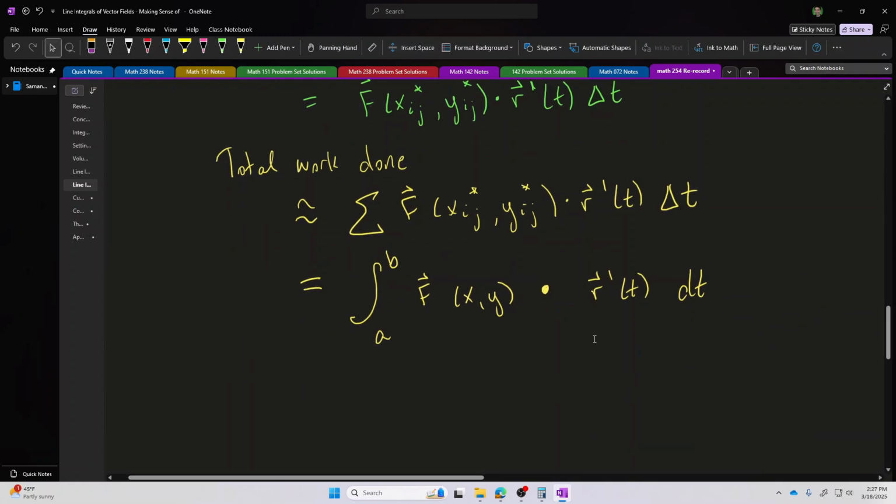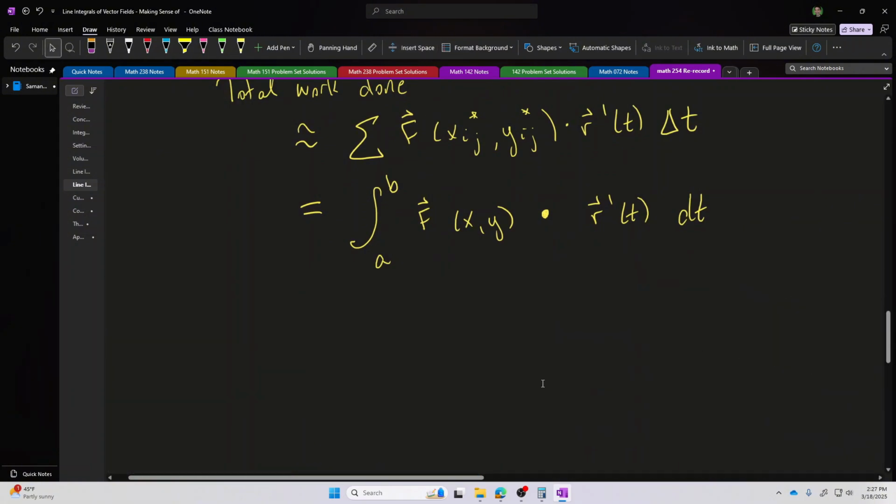Now, what we've just written down here is fine, but once again, there is an inconsistency in the variables that are currently present in this expression. This is an integral with respect to t. So as much as possible, I should have everything in the expression written in terms of t.